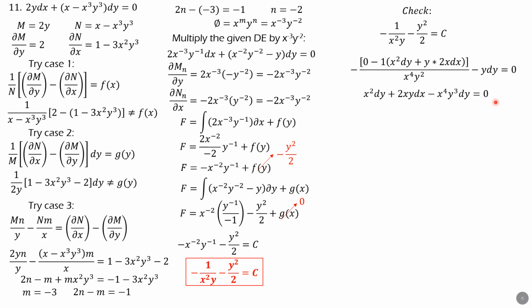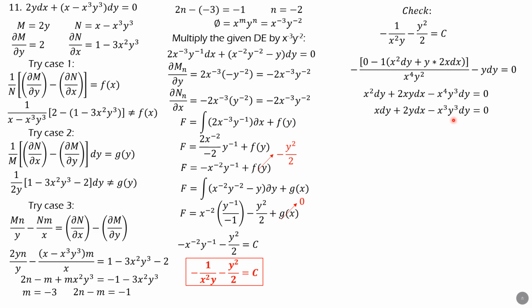So that's the form. And x is still common, so we divide further by x. So this becomes x dy plus 2y dx minus x cubed y cubed dy equals 0.